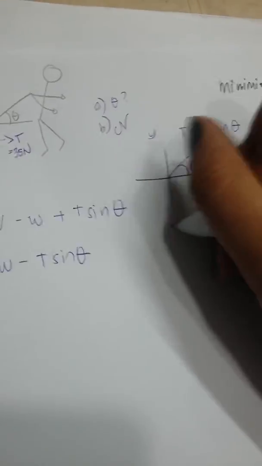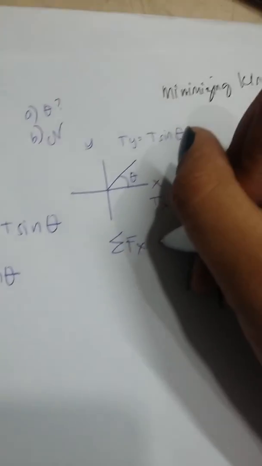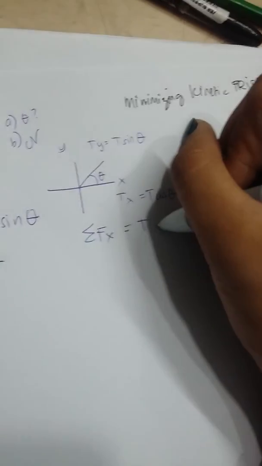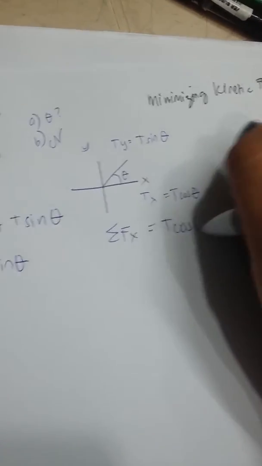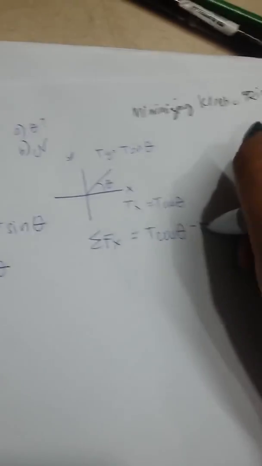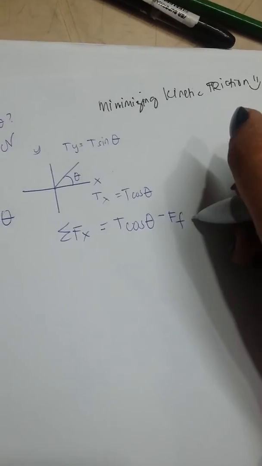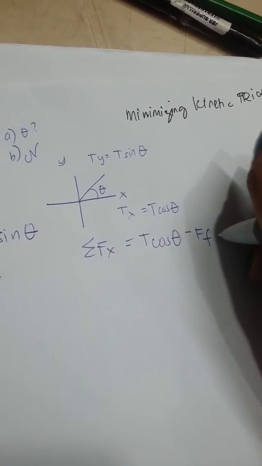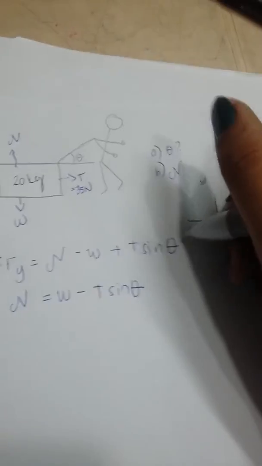For the summation of forces in x, we have T cosine theta minus the friction force, which would be equal to 0.